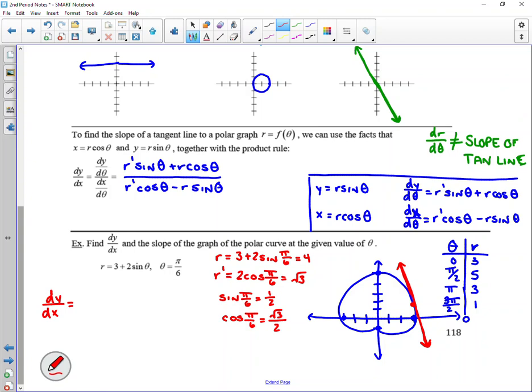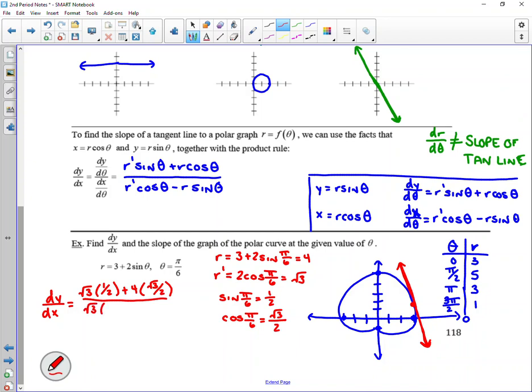So it's √3 times sine, which is 1/2, plus r, which is 4, and cosine is √3 over 2, all over r prime, which is √3.